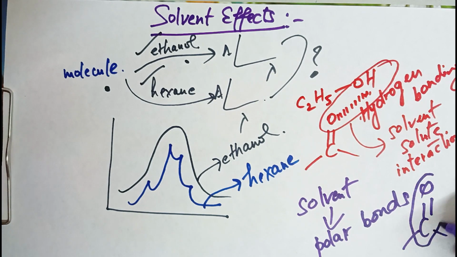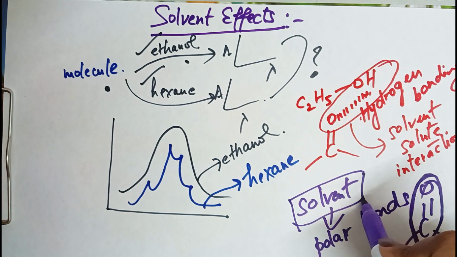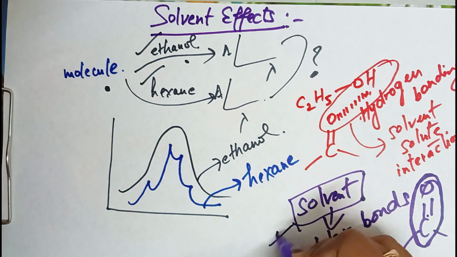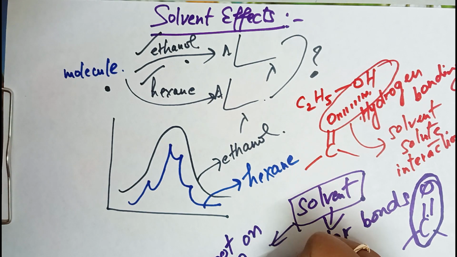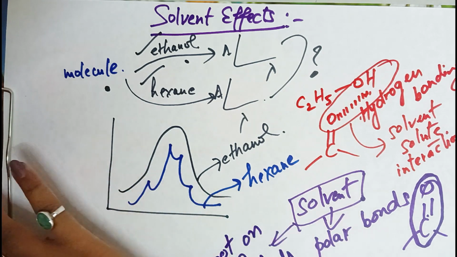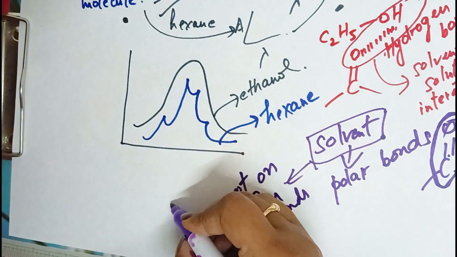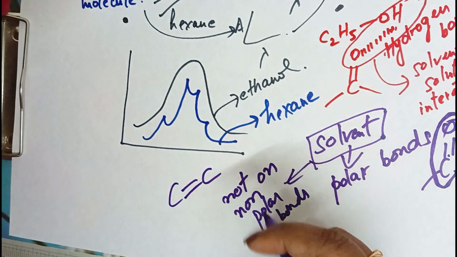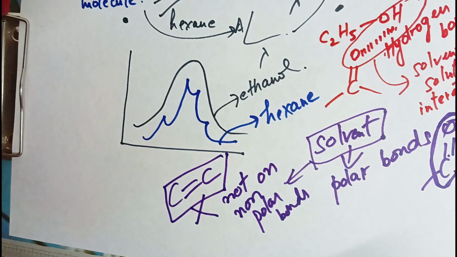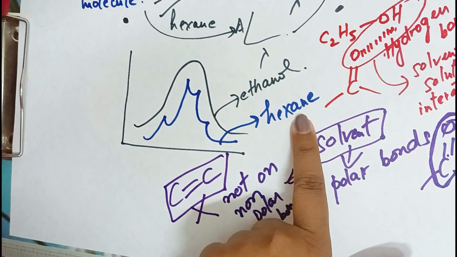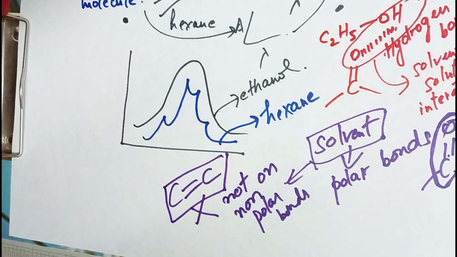So solvent effects are only valid on polar bonds and not on non-polar bonds like C double bond C. These are non-polar bonds. On these, solvent-solute interactions will not happen, and hence solvent effects will not be valid. We will get the same spectra with ethanol and hexane.